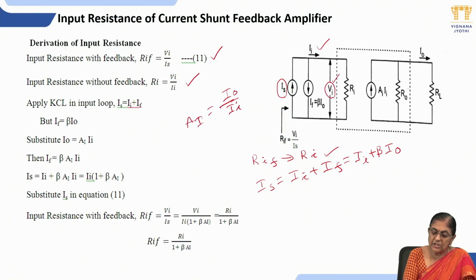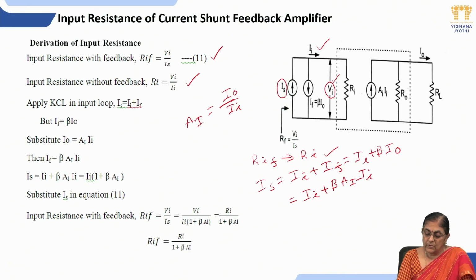So from this expression, what did you get? I naught is equal to AI into II. Substitute I naught as AI into II in the equation of IS. Then you will get II plus beta AI into II. So this is the final expression for IS.